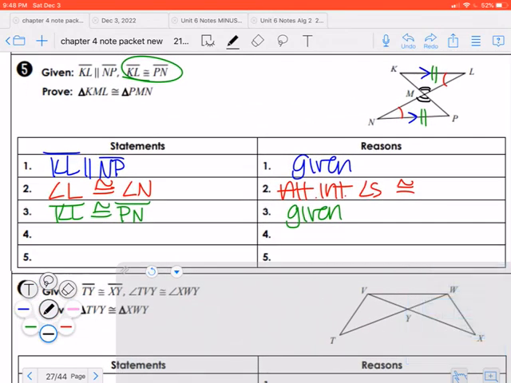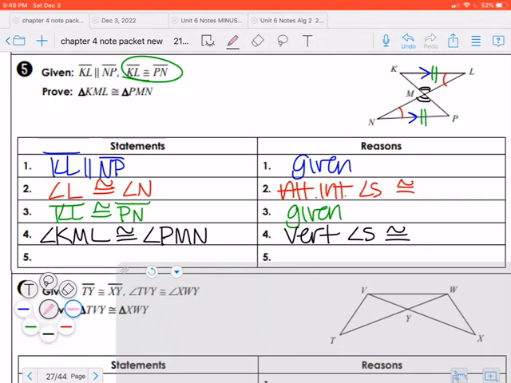The top black angle, I'm going to call it angle KML, and that is congruent to the bottom corresponding angle, angle PMN, by vertical angles are congruent.